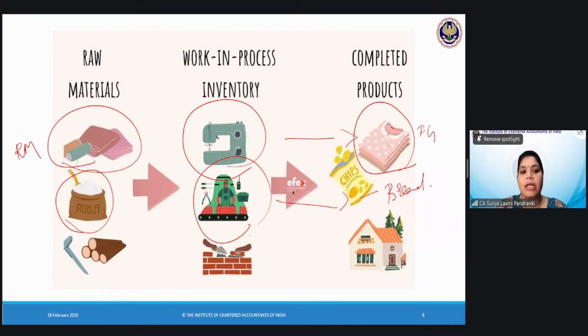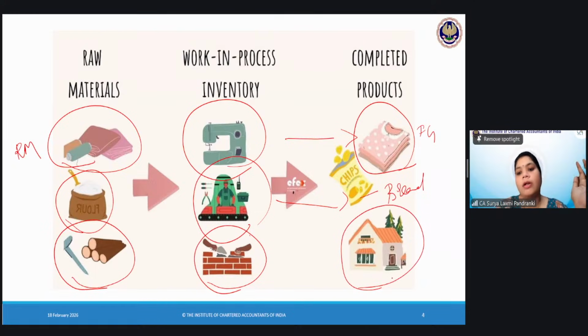These are finished goods. These are some tools that you use to build a house. This is again a finished good. So the raw materials are put into a process and then converted into a completed product. Can you sell this house? We can't. When it is in construction, it is impossible to sell.